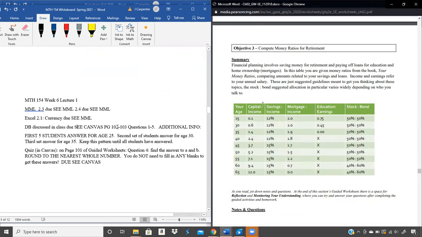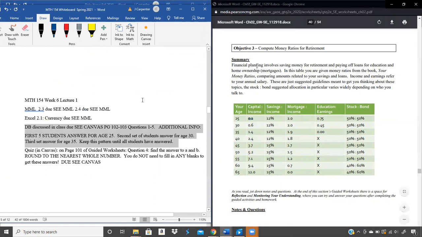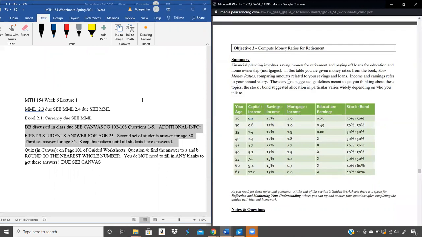So at 25, your capital to income ratio should be 10%. That's what's set. That is what that says. 0.1 is 10%. So capital income 10%. What that means is, let's say you made $100,000 a year.